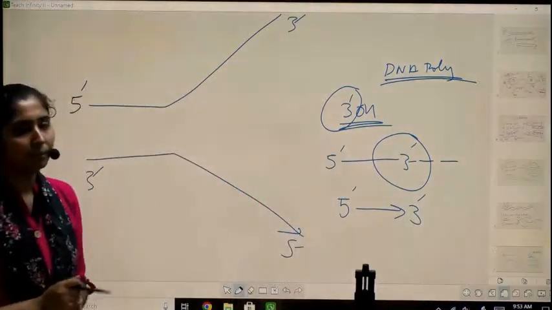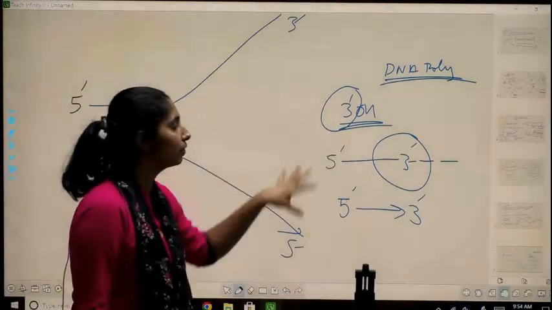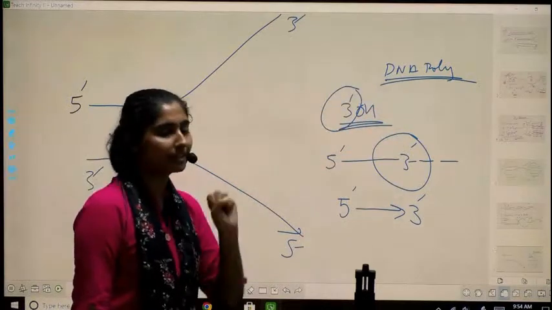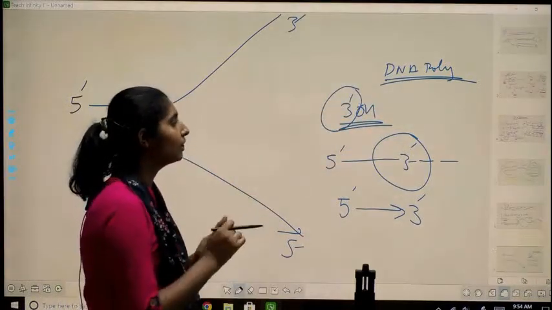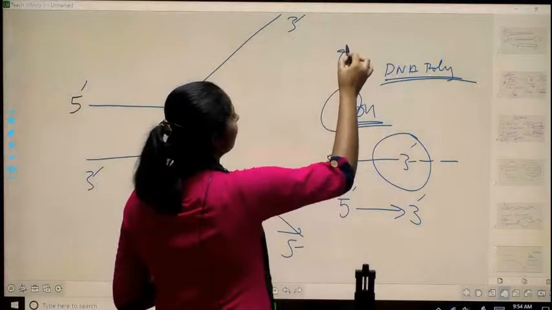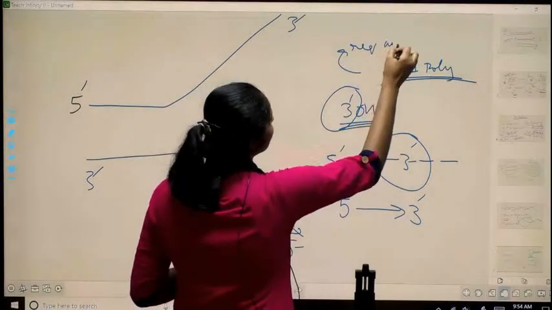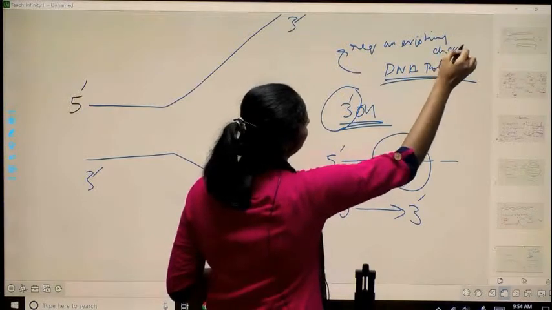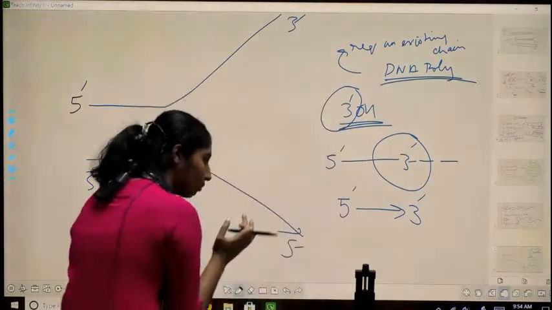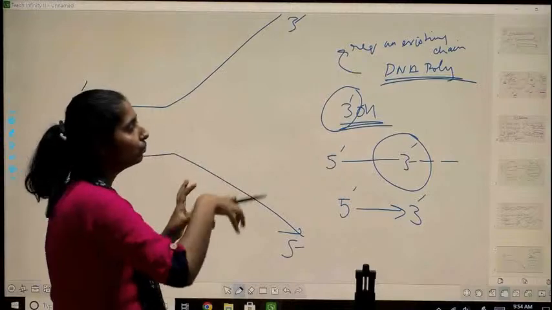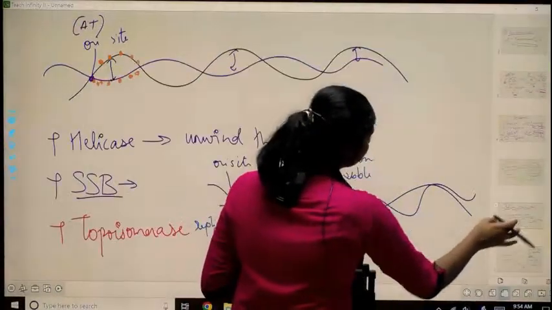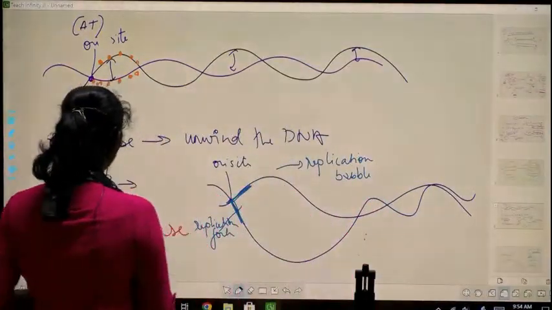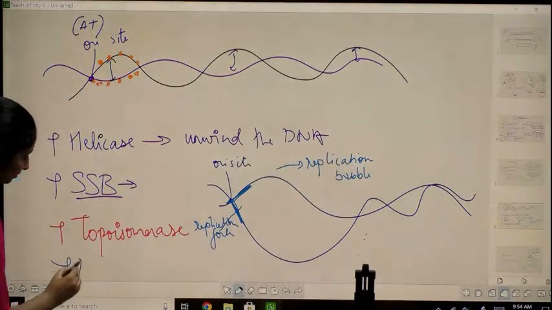But due to this particular nature of DNA polymerase, there is an additional requirement. What did I tell you? The DNA polymerase requires an existing chain. Only to an existing chain can DNA polymerase add new nucleotides, right? Due to this, we also require a primer.